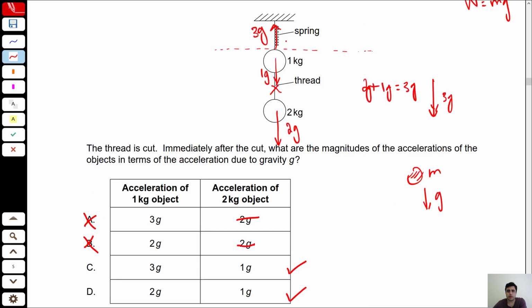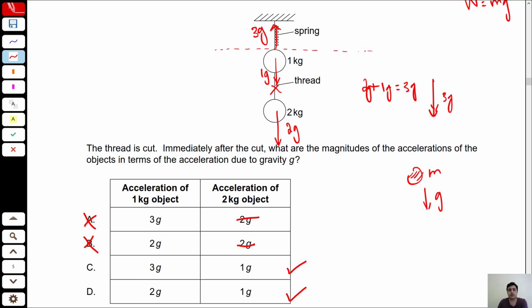Now let's talk about what's going to happen with this 1 kg. This 1 kg is not in free fall because it is attached to this spring. The spring is providing a force of 3g in the upward direction, whereas the weight of this 1 kg is 1g in the opposite direction.